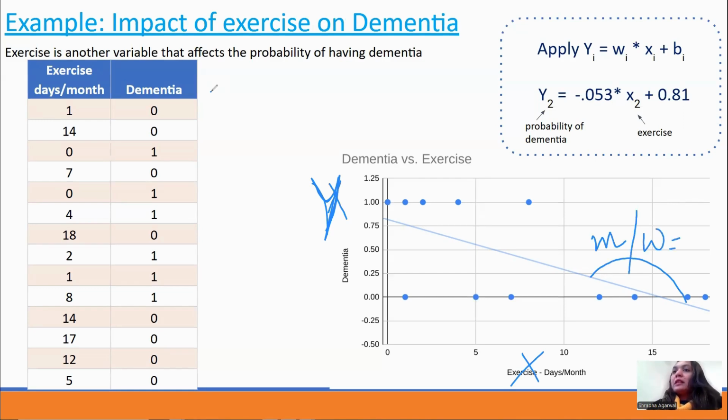The value is minus 0.053, as you see on the screen here. I got this relationship by simply fitting the equation of a line, right? And this is my intercept for this problem, which is 0.81. This again tells me how the final dementia output depends on exercise. Minus 0.053 is the proportionality, the contribution of exercise to your dementia.